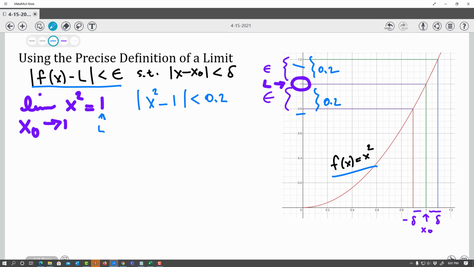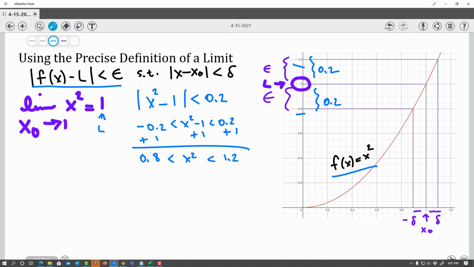And from here, I solve this inequality. So when you have absolute value, you do the plus and minus. So negative 0.2, x squared minus 1, and positive 0.2. Then I would add 1 to all three pieces. So I end up with 0.8 less than x squared less than 1.2.